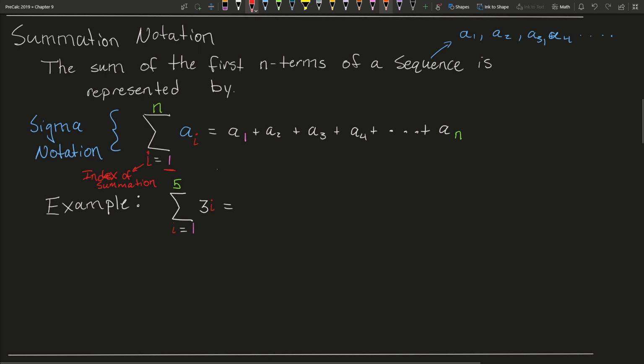That's telling you what to replace this number with, okay? And this number is called the lower limit of summation, or just the lower limit.